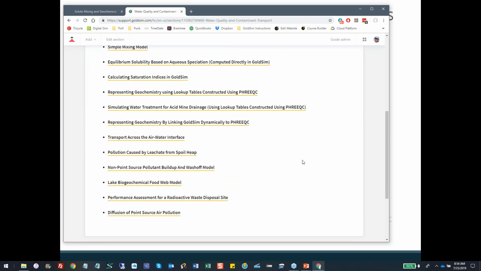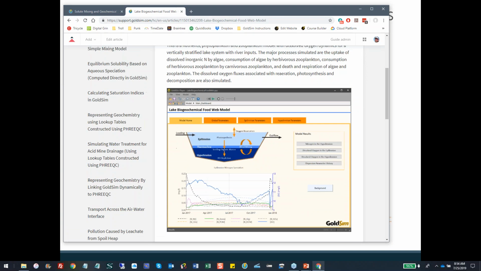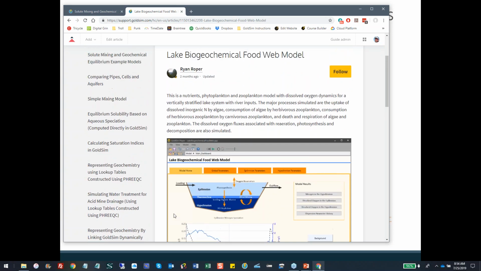There's a number of interesting water quality models here, and some of these are quite detailed. So if you actually look at these models, you can learn a thing or two by just exploring a very complicated model. For example, here's a model of a lake that is quite complex. It's looking at nutrients in the lake, and it's got multiple layers, some mixing between layers.